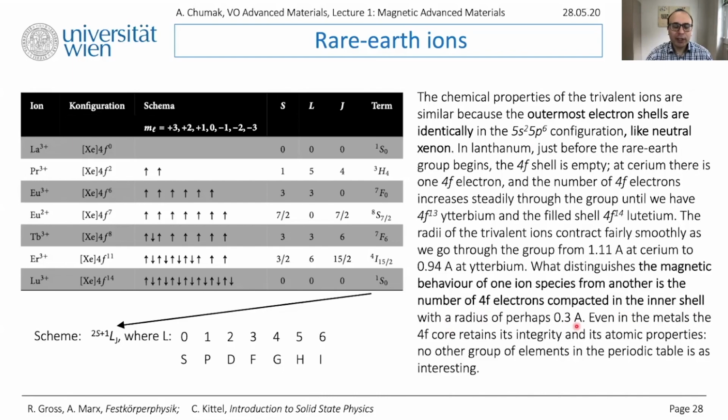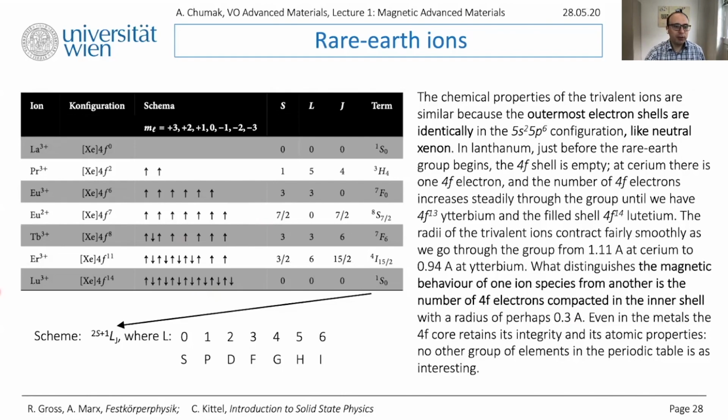And then we have a very unique situation: even if you do not have an ensemble of individual atoms, which you practically never have in nature, but a complex solid body with many different processes and interactions which should be taken into account, you are still able to describe the magnetic response of this material simply by analyzing the 4f electrons, simply analyzing your solid body as an ensemble of non-interacting ions.